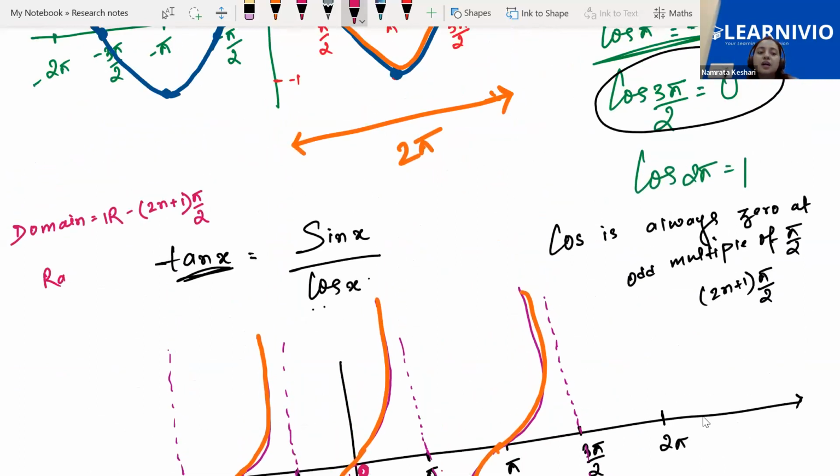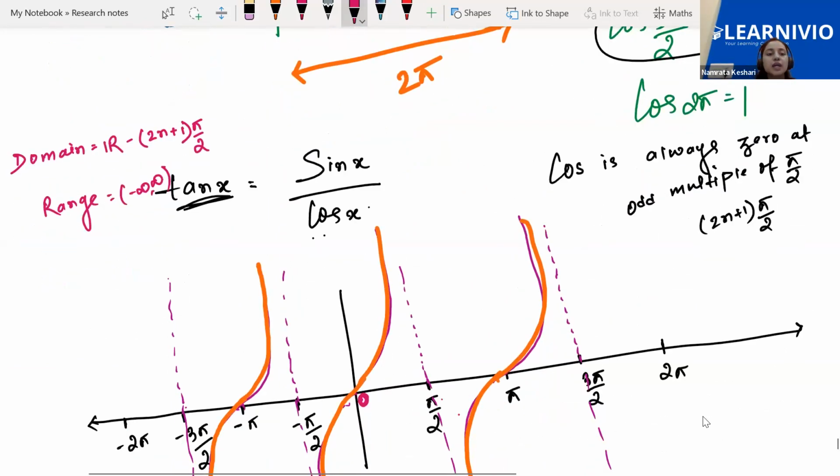We wanted to say the domain is all real numbers, but due to cos in the denominator we are not able to say that. We have to exclude the points where cos is 0. So domain is all real numbers minus odd multiples of pi by 2 where cos is 0, and range is minus infinity to plus infinity. All real numbers, you can also write.